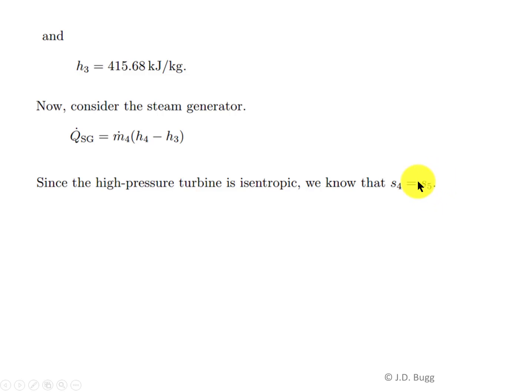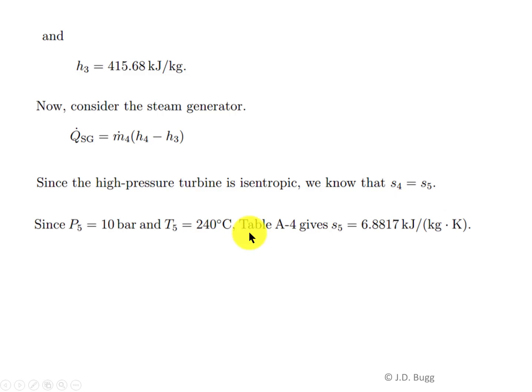Well, 0.5, the state there is fixed because we know a pressure and temperature. We already used that pressure and temperature to get the enthalpy. So we just need to go back to the same place in table A4 with a pressure of 10 bar and a temperature of 240 degrees C and get the entropy, and that turns out to be 6.8817 kilojoules per kilogram Kelvin.